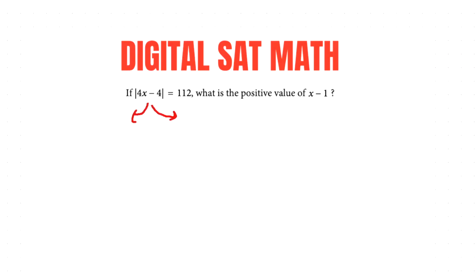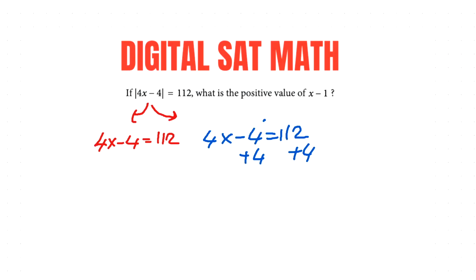So technically 4x minus 4 will be equal to 112, or, let's write the other one in a different color, 4x minus 4 is equal to negative 112. To solve this equation, we're going to add 4 to each side of the equation, and this will become 4x equals 116.